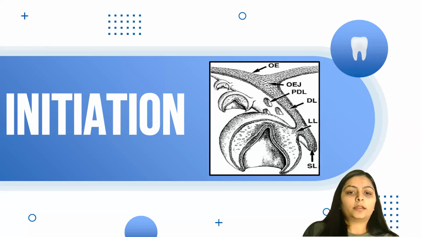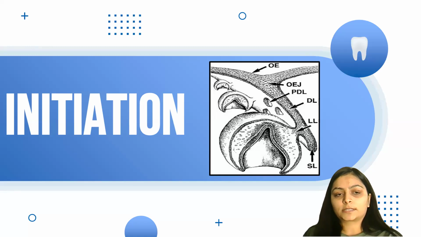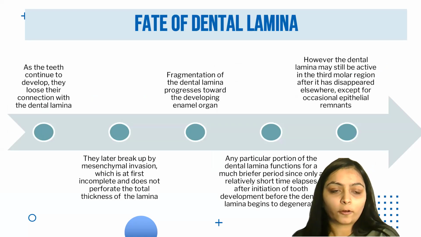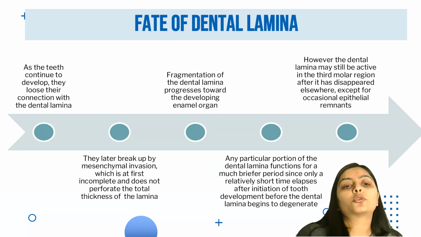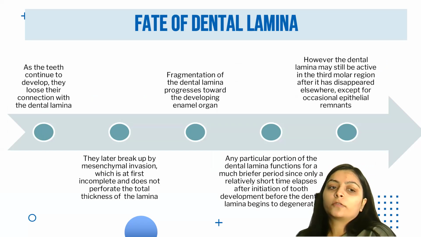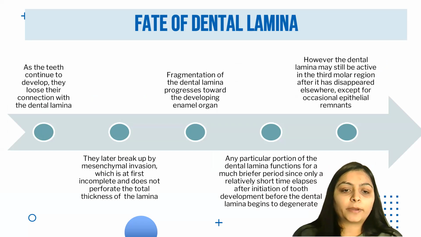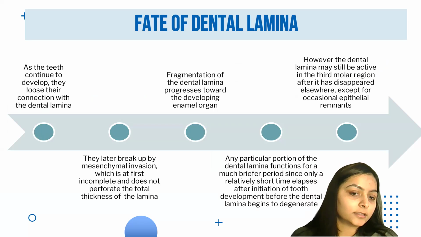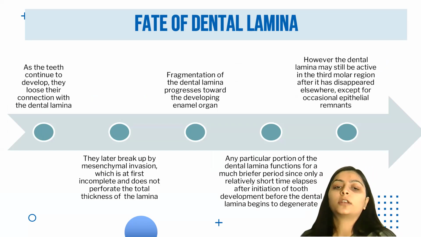Initiation. In initiation, we first see the fate of the dental lamina, which is responsible for the development of the tooth. As the teeth continue to develop, they lose their connection with the dental lamina, which later breaks up by mesenchymal invasion, which at first is incomplete and does not perforate the total thickness of the lamina.